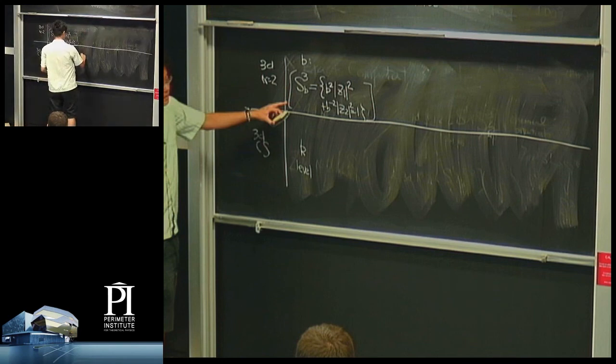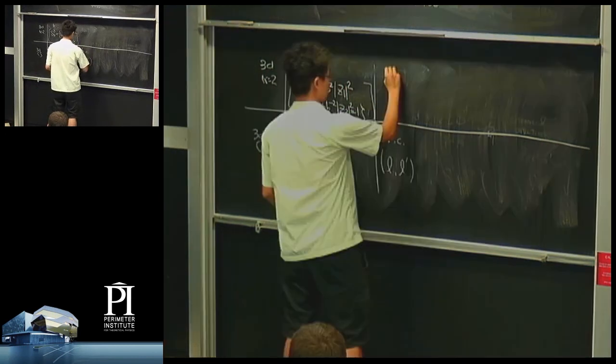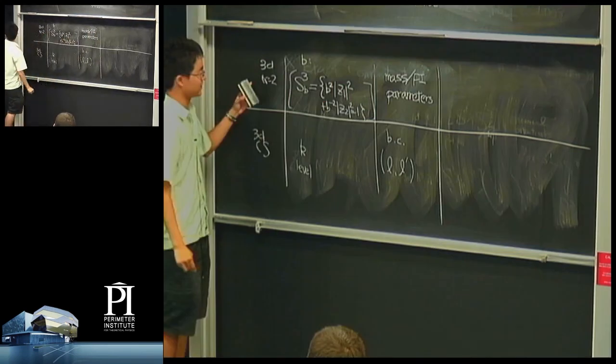And then there are a set of parameters, L and L prime, which are the boundary conditions. And this corresponds to mass parameters or FI parameters of the 3D N=2 theories. It seems that I don't have the time to talk about explicit matter contents, etc. But these are specific 3D theories, so it's easy to imagine that there are mass and FI parameters for these theories.